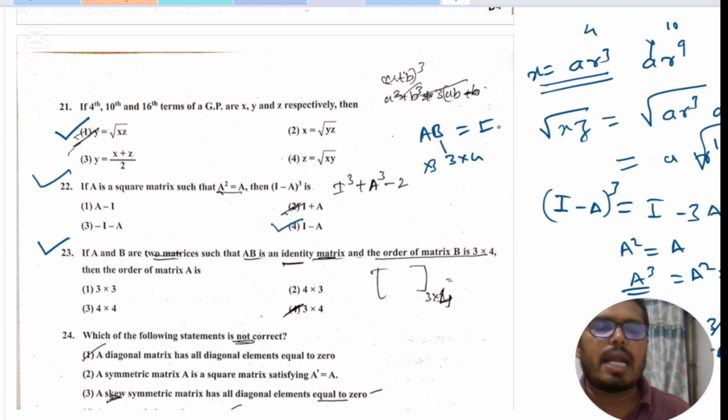The identity matrix is invertible, that's why it must be a square matrix. Therefore AB has 4 columns, and it also has 4 rows, this implies that 4 by 3 is the order of matrix A. They have asked for the order of matrix A, that is 4 by 3, option number 2 is correct.